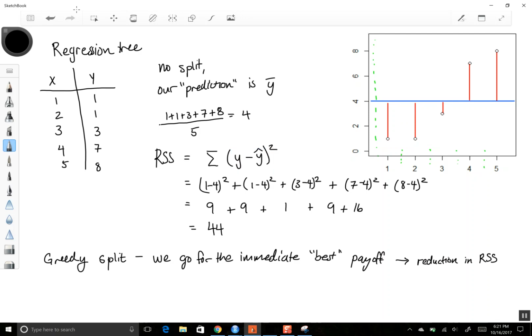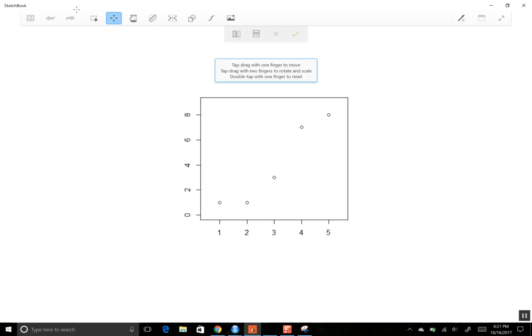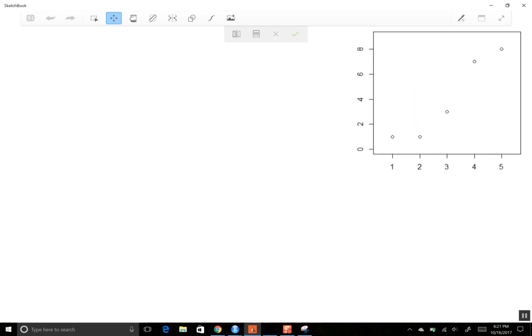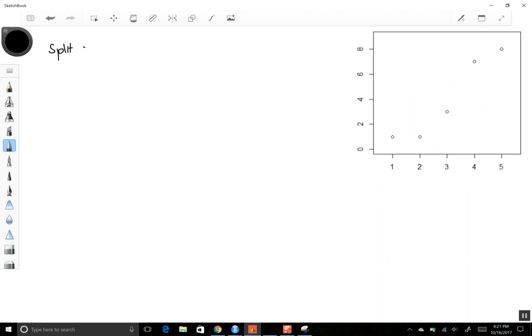Okay, so we'll just try a few splits, and then I think we'll get the idea. So let's say I do the split at x equals 1.5. I'm going to split the data right here.